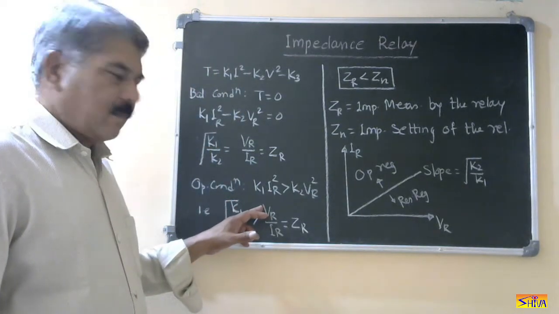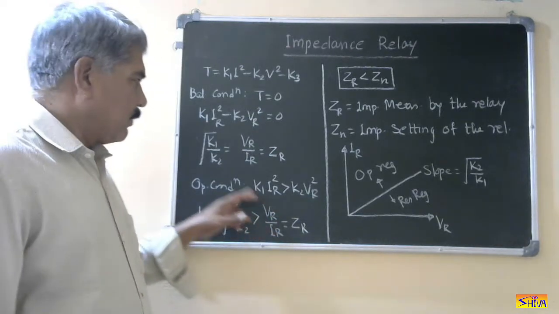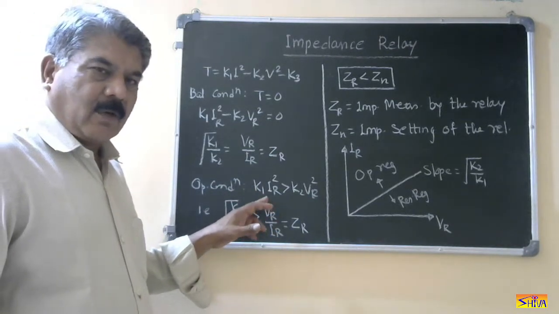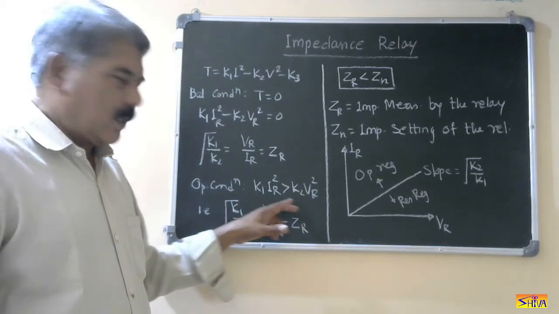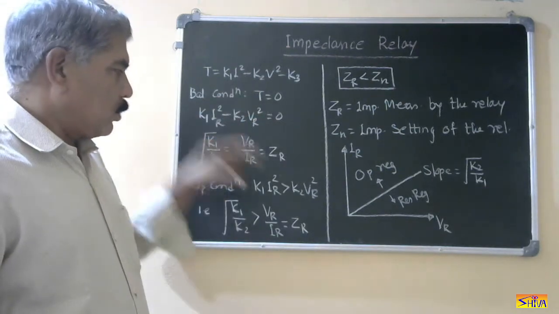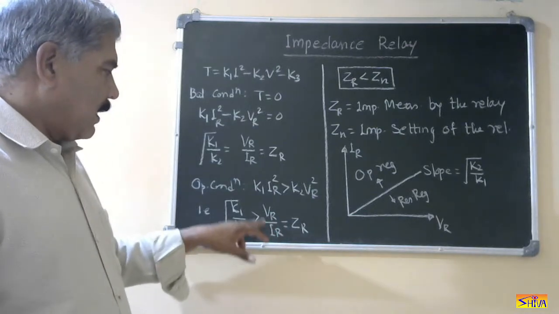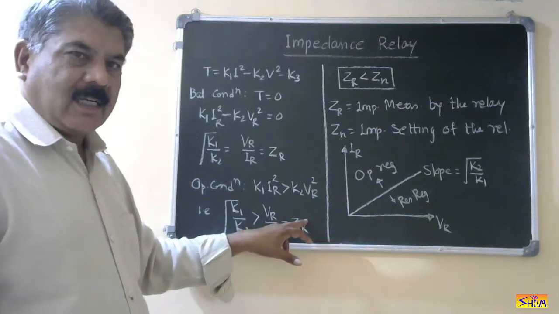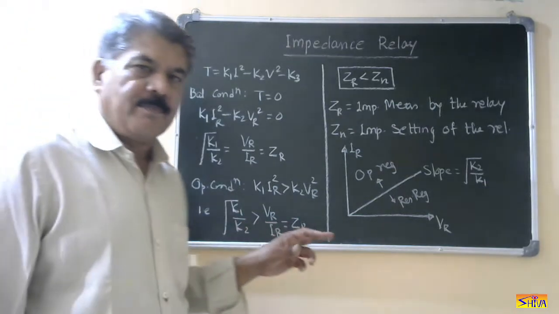Now here, let us find out the mathematical operating condition. For operating condition, the current should be higher than voltage. So K1 IR square should be greater than K2 VR square. So we get this equation, and as on this side it is ZR, this constant should also be in terms of impedance.